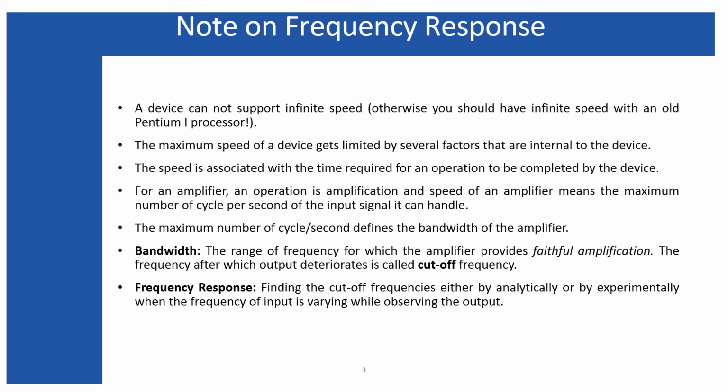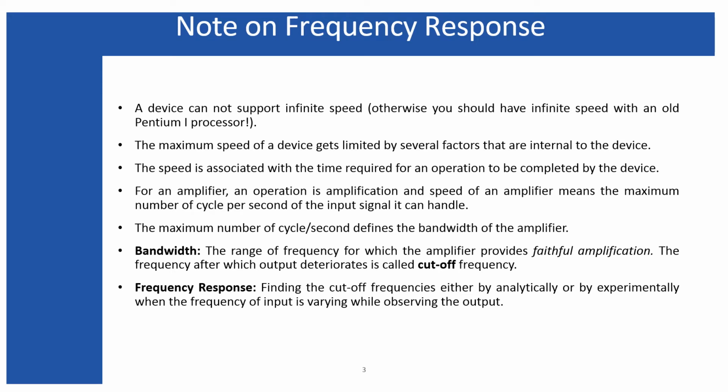That means an amplifier can work better or perform faithfully within the range of its bandwidth. When the frequency gets increased or decreased beyond the range of the amplifier's bandwidth, then the performance of the device is compromised or deteriorates.